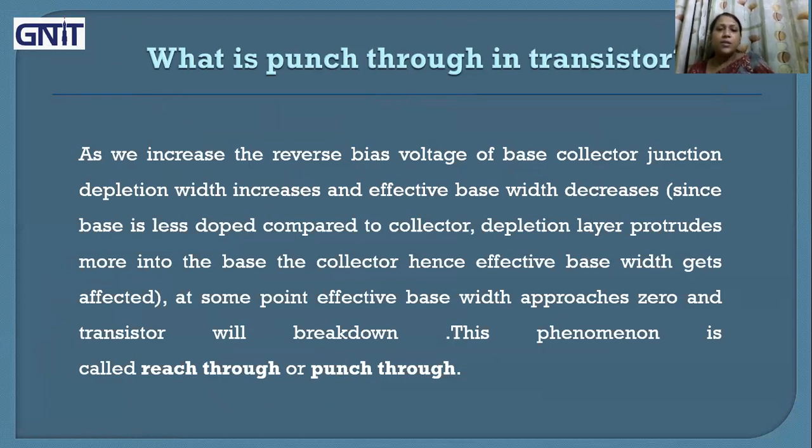As we increase the reverse bias voltage of base collector junction, depletion width increases and effective base width decreases, since base is less doped compared to collector. Depletion layer protrudes more into the base than the collector.